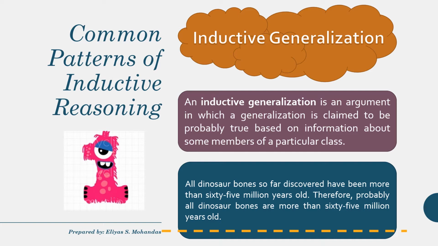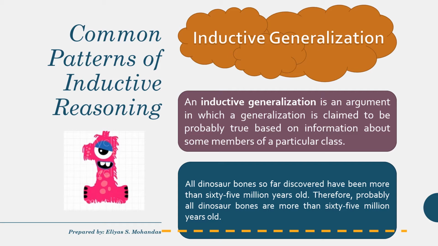Now, inductive generalization is basically from the notion of generalization, and that is to generalize any situation. An inductive generalization is an argument in which a generalization is claimed to be probably true based on information about some members of a particular class.